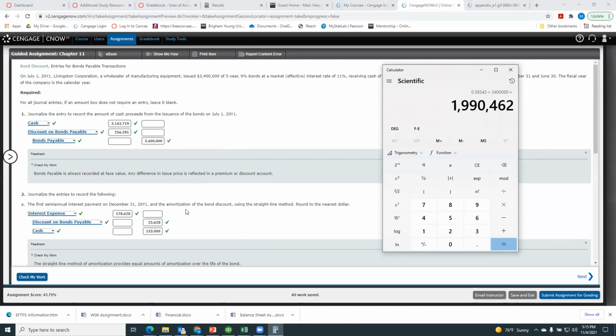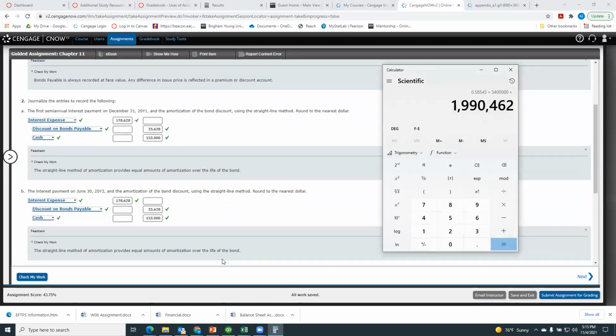What that means is if I were to invest $1,990,462 today, and it went for 10 interest periods at 5.5% per interest period, at the end of those 10 interest periods, it will have grown to $3,400,000. That's what present value means.